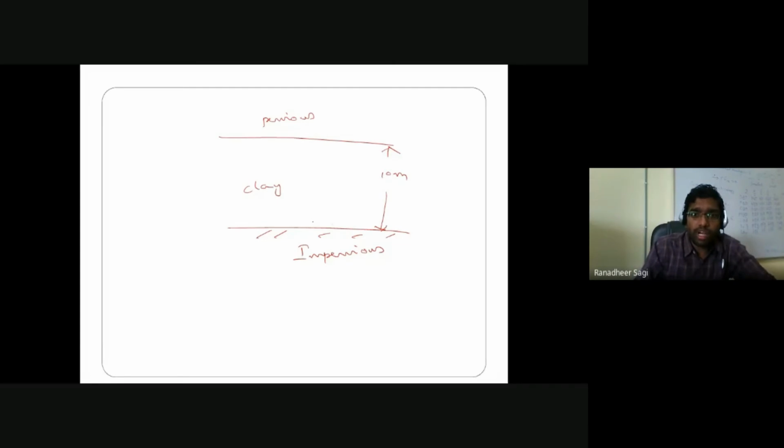If I'm talking about a water particle which is existing here, if this water particle has to get dissipated out of the clay layer, then the shortest distance it will travel is in this vertical upward direction. So what is that distance it is going to be traveling? 10 meters distance.